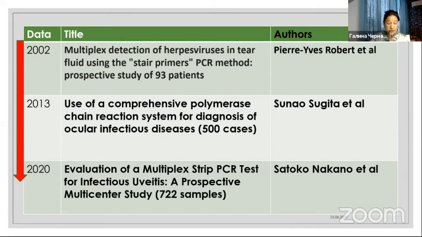Many authors consider that total PCR screening for 6 or 7 herpes viruses, except human herpes virus 8, should be held.